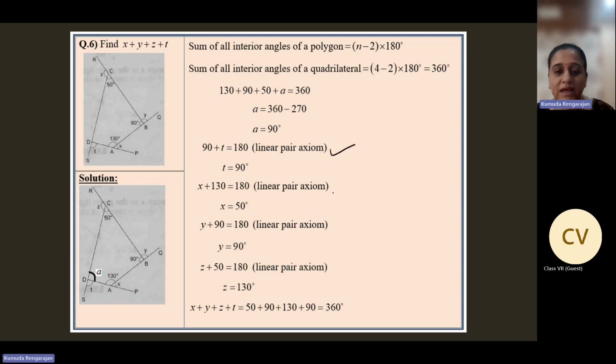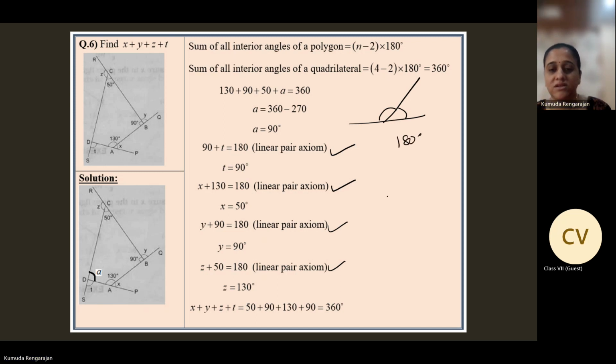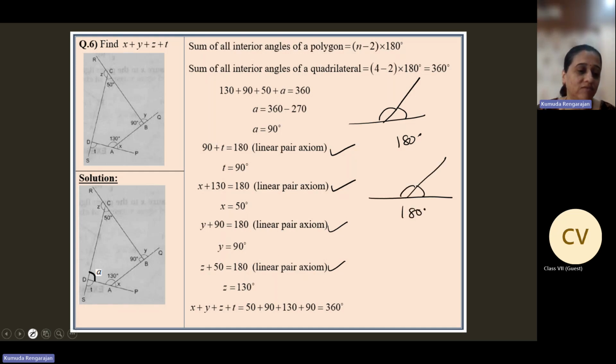So using the linear pair axiom, the sum of the two angles on a straight line, with a ray on it, is always 180 degrees. So that's what we have everywhere.